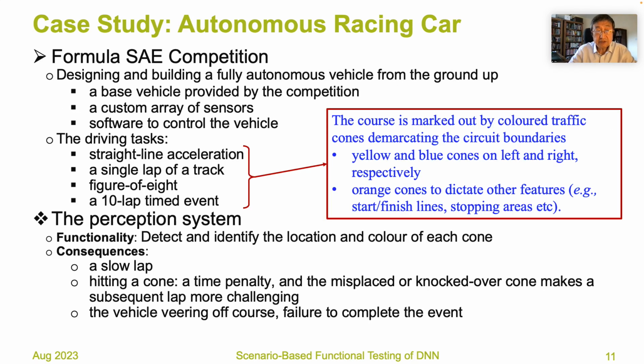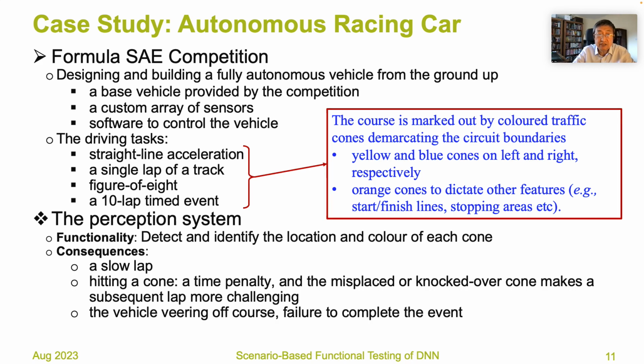To demonstrate how this methodology works, here we report a case study, which is the testing of an autonomous racing car. The particular autonomous racing car we report was developed by our university's autonomous racing car team for participating in the Formula SAE competition.